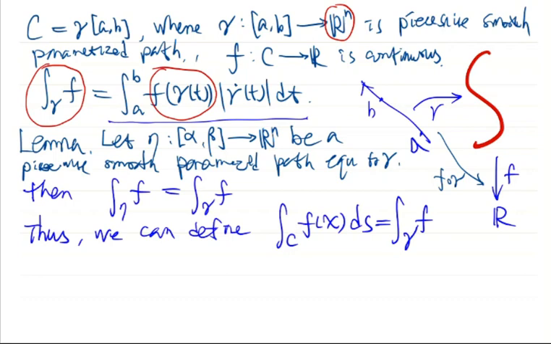Here this x is a point in Rn. Of course, this point should be located on the curve C, along the curve. So this lemma is quite important. We prove this lemma first.